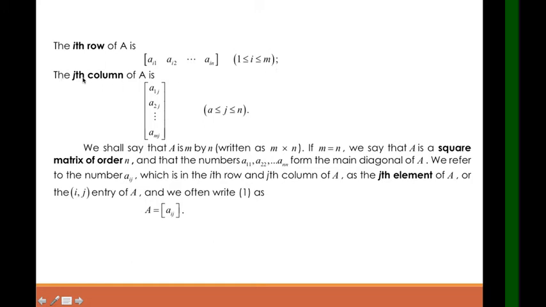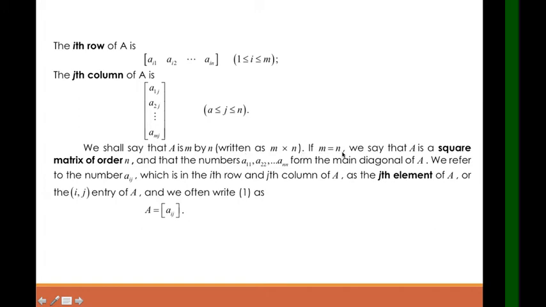The jth column of A is A sub 1j, A sub 2j, ellipses up to A sub mj, such that j is greater than or equal to 1 and less than or equal to n. Okay, we shall say that A is m by n, written as m times n.